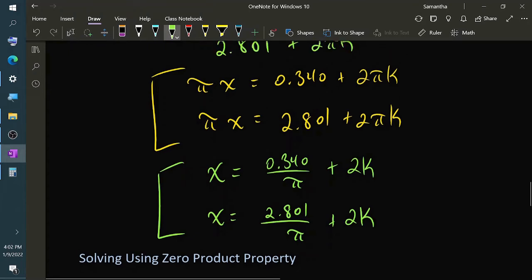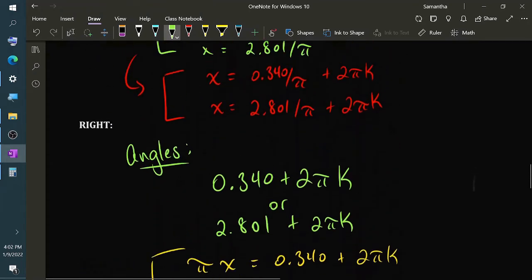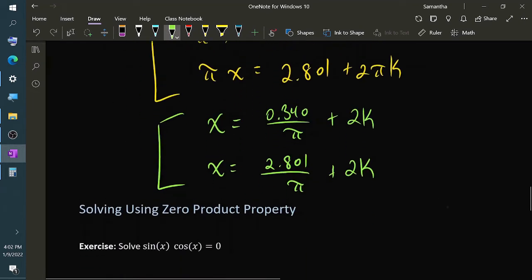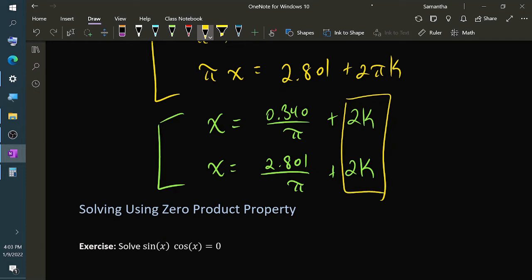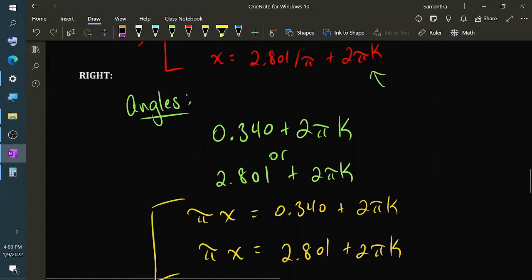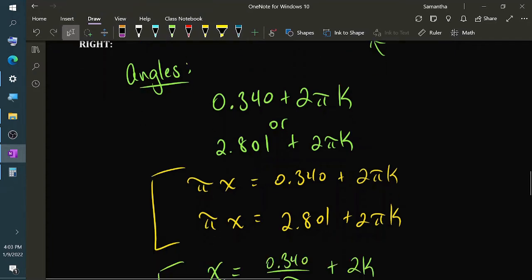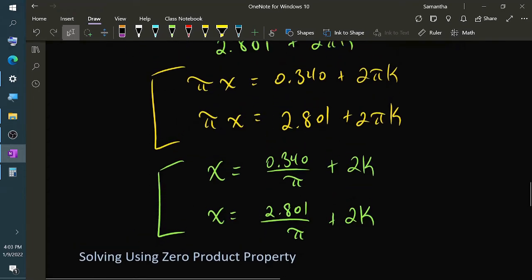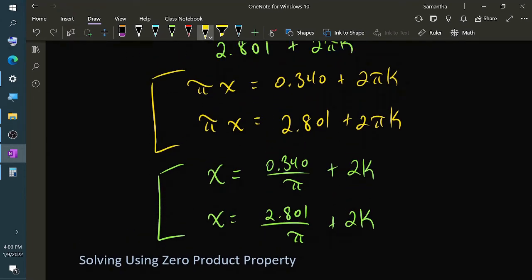So that changes in the final answer. That changes the 2 pi k to what is now just 2k, because the pi has been divided out. So be careful. You want to make sure that you're adding the plus 2 pi k when you are finishing describing all of the angles that make sine or cosine do whatever is needed. Then, potentially, that 2 pi k is going to get changed when you isolate the actual x that you're solving for.